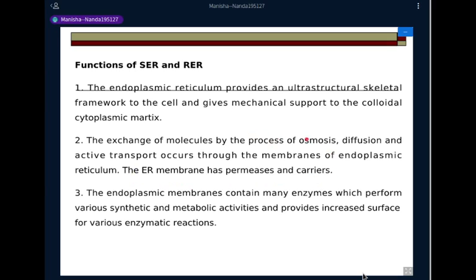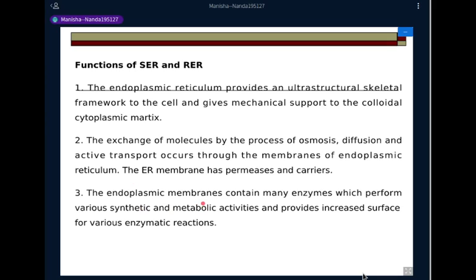You can see that all these important processes which are performed by the plasma membrane, very common processes that you must have heard of, you can see all these processes also occurring in the endoplasmic reticular membrane. Once you move ahead in this syllabus, you will learn a number of molecular processes where you will see how these important membrane transport processes help ER regulate a number of cytoplasmic functions.